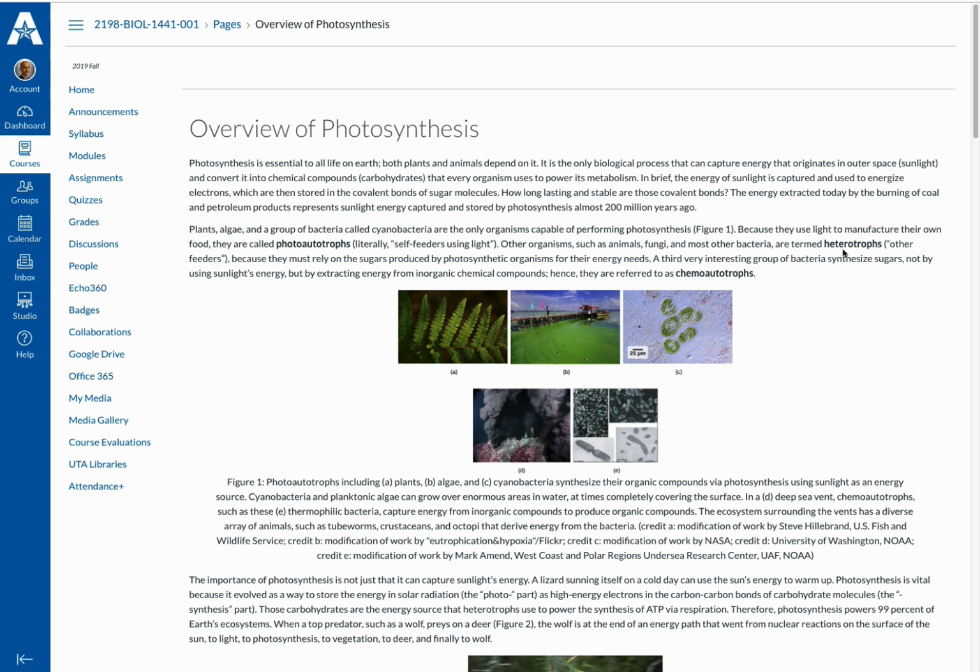We call things that eat these photoautotrophs or eat other things heterotrophs. Chemotrophs basically means we get energy from inorganic compounds. These would be like bacteria at the bottom of the ocean where there's no light. They would be like chemoautotrophs.